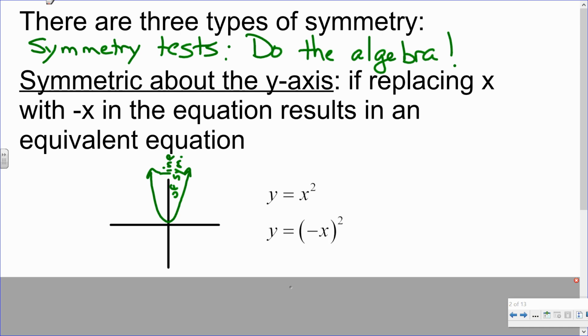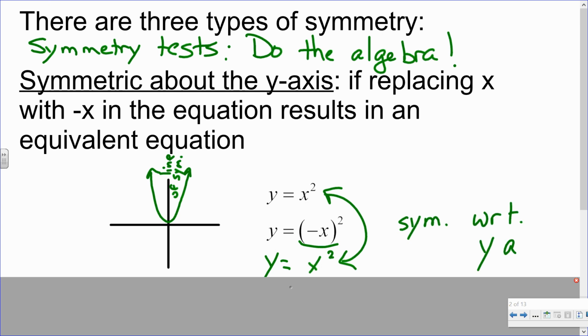So if I have y equals x squared and I do the test, instead of x times x, I want minus x times minus x. But if I simplify that, minus times minus does what? Is positive, so this becomes x squared, so that matches. So this is symmetric with respect to the y-axis.